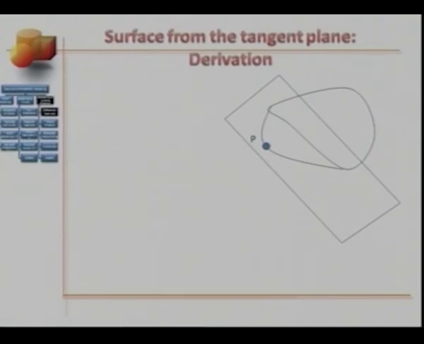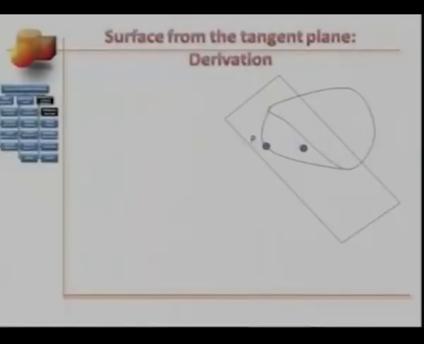Let's try to figure out the conditions for which this plane will simply be a tangent plane to the surface, or it may or may not intersect with the surface patch. Let's plot another point on the surface and call it R. So this is vector PR.